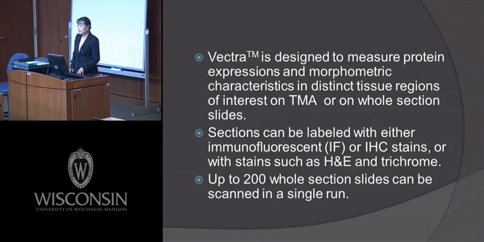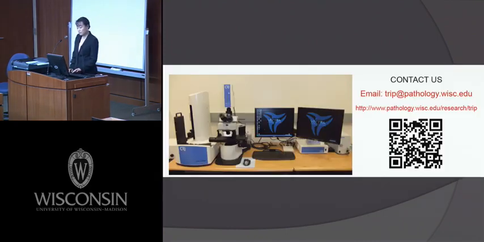Vectra is designed to measure protein expression and morphometric characteristics in distinct tissue regions of interest on TMA or on whole section slides. Sections can be labeled with either immunofluorescence or conventional IHC stains, or with stains such as H&E and trichrome. Up to 200 whole section slides can be scanned in a single run.